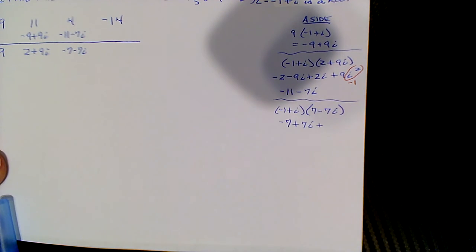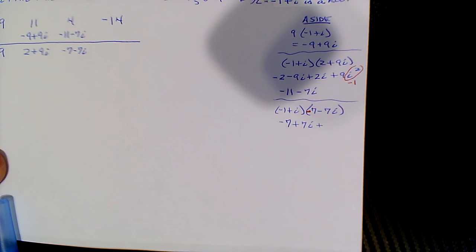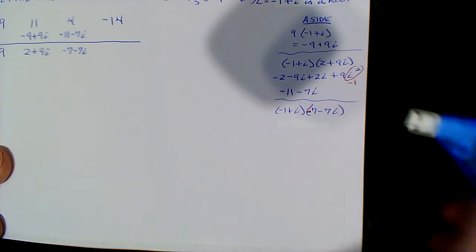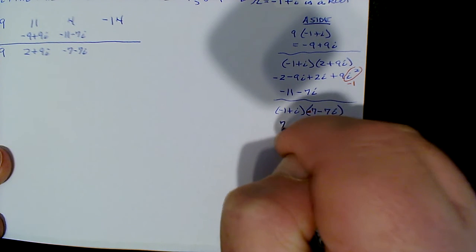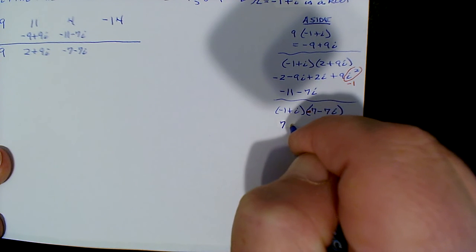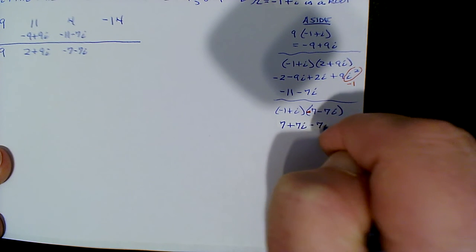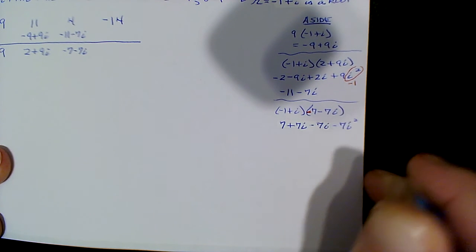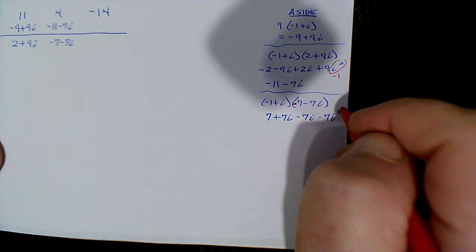I knew something was going wrong there. Okay, so let me start that over again. So we get positive 7 plus 7i, and then the inners is minus 7i, and then we get minus 7i squared. And then the i squared is a negative 1 again.